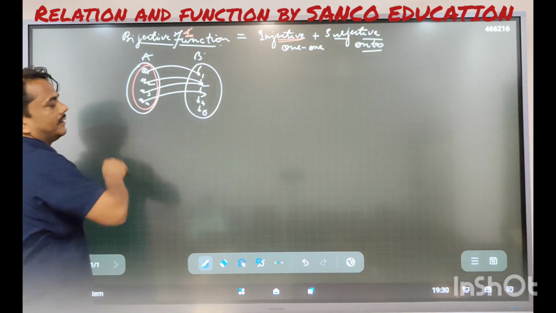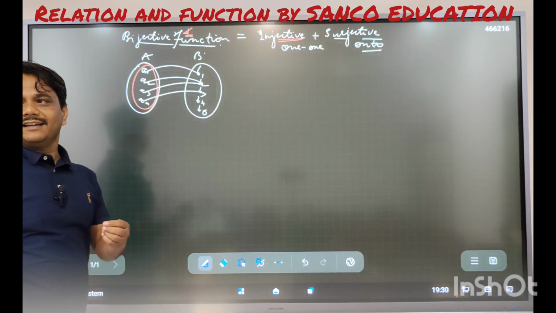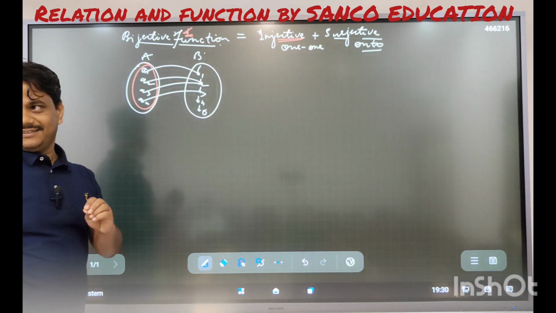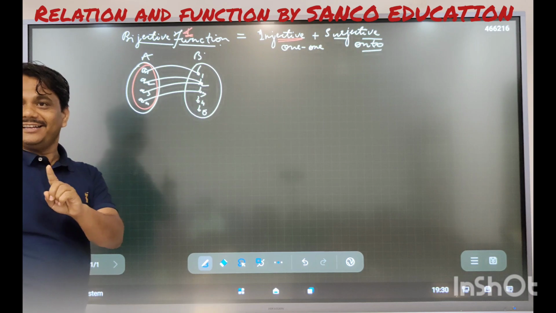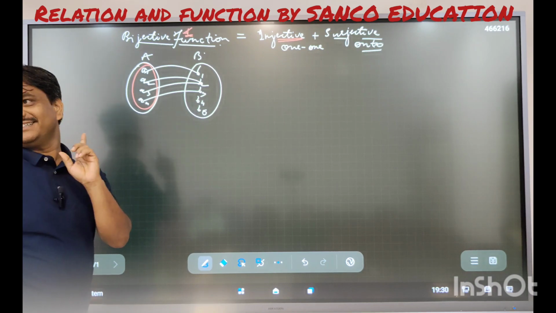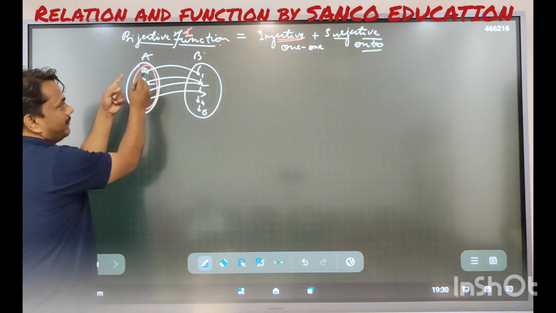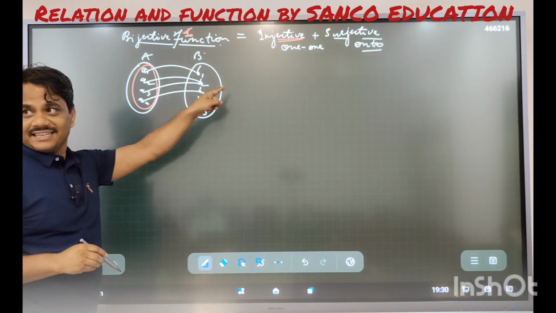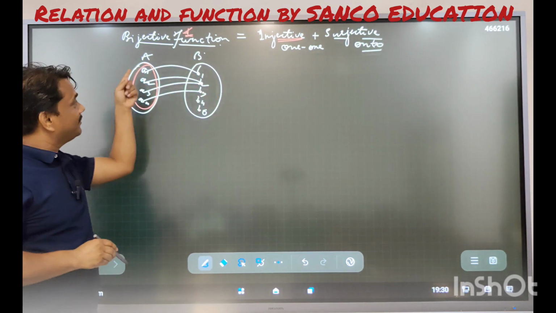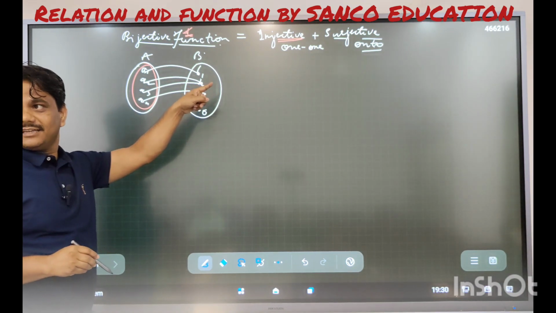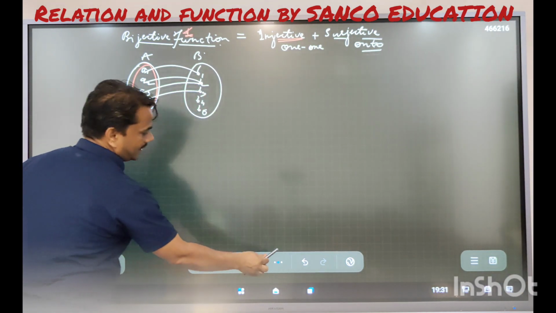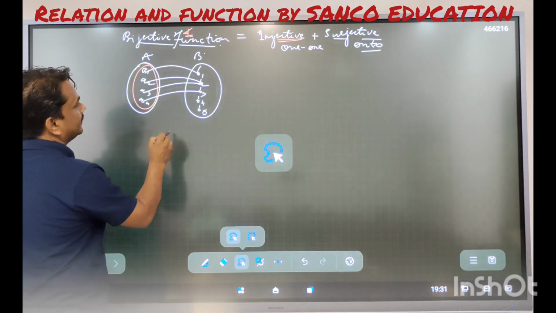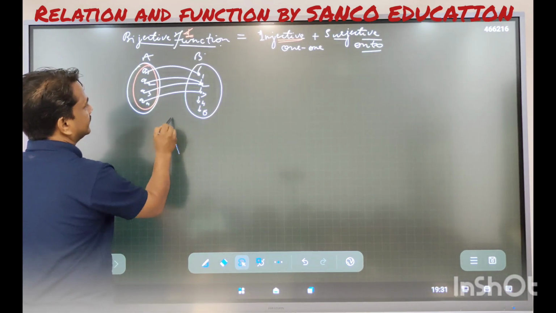Every member of the set A is engaged with at least one element of set B. There is no member which does not have an image in set B. Each element is having an image. But if I would write here like this.